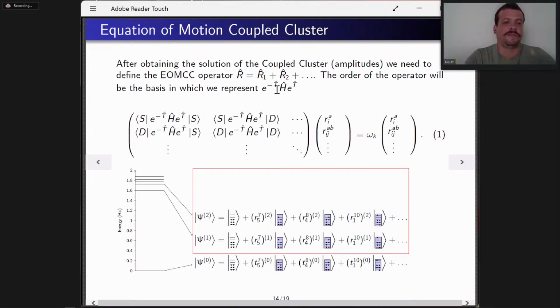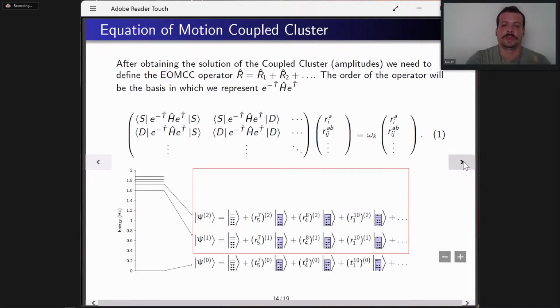For example, if R is equal to R1 and R2, I will just truncate this expansion to 2. So we will have this operator in a basis of S and D, so we will just have a 2 by 2 matrix. We just need to solve this equation to obtain the eigenenergies, that are the transition energies, and the eigenvectors. Now, with the eigenvectors, we can build the excited state wave functions.